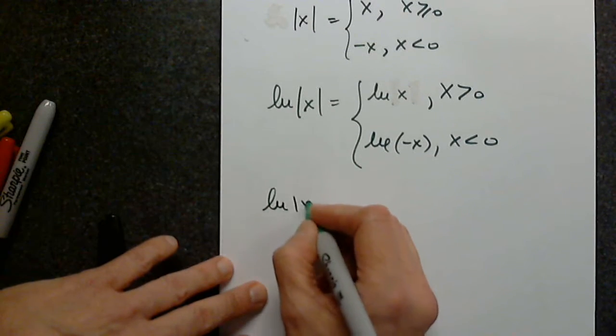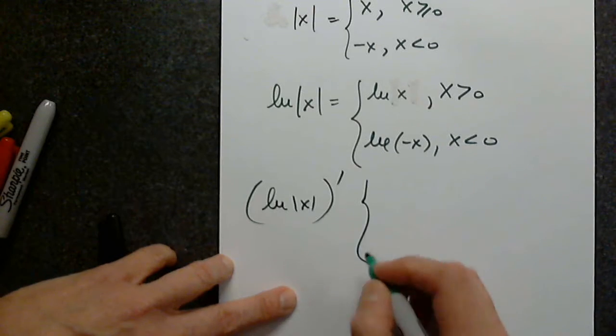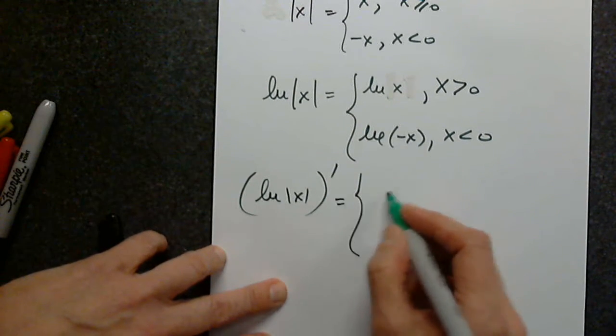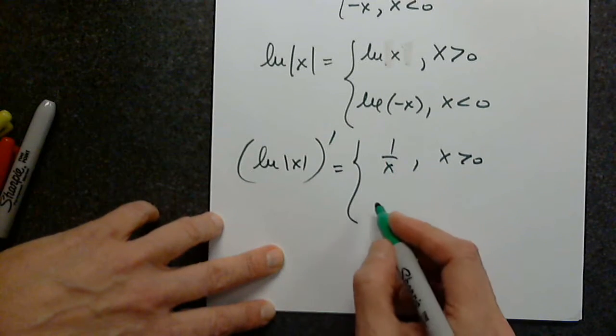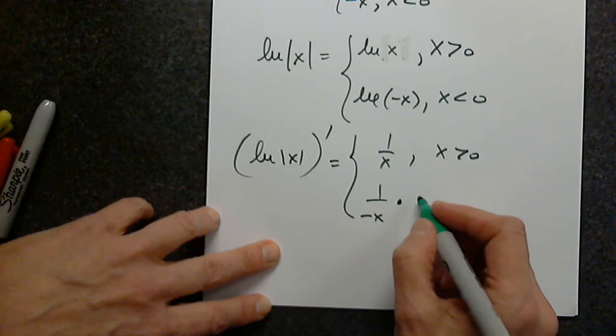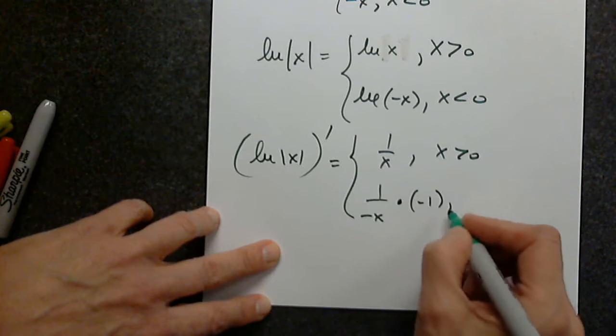When I differentiate the natural log of the absolute value, I get 1 over x when x is positive, and when x is negative, I get 1 over negative x times the inner function prime, negative 1.